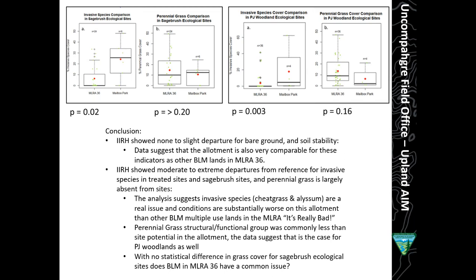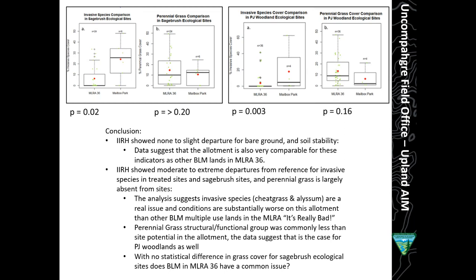Conversely, another common issue we saw in this particular land health evaluation area was that perennial grasses were consistently lower than ecological site potential or even absent. So we looked at perennial grass both in sagebrush ecological sites and in PJ woodlands.